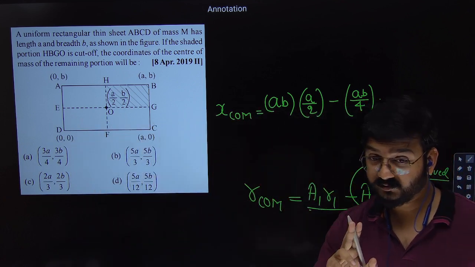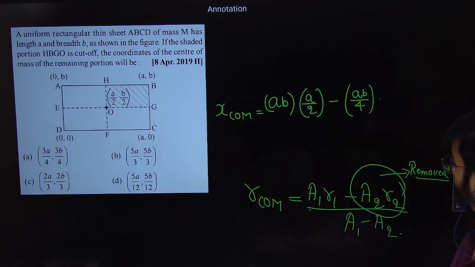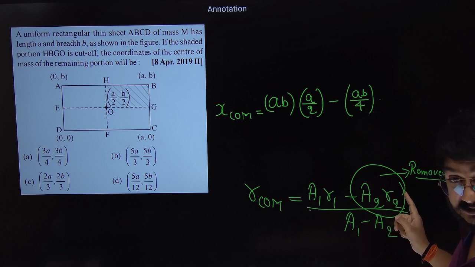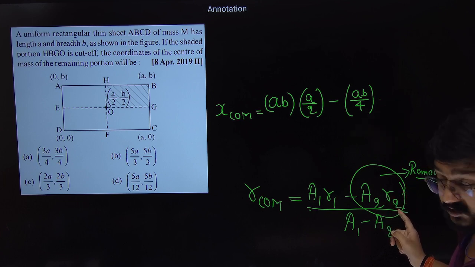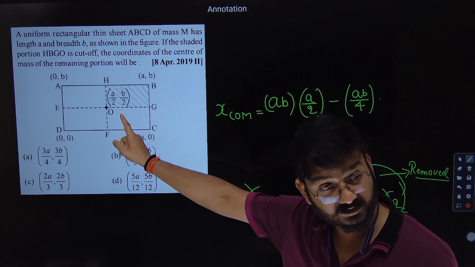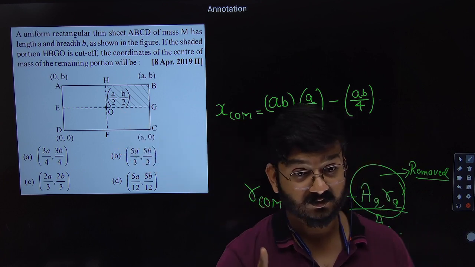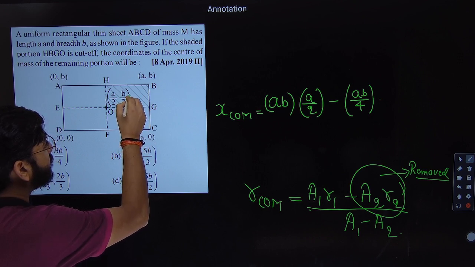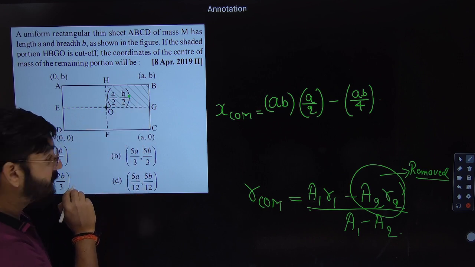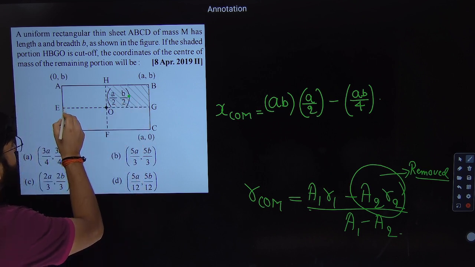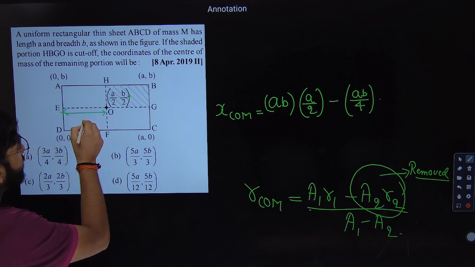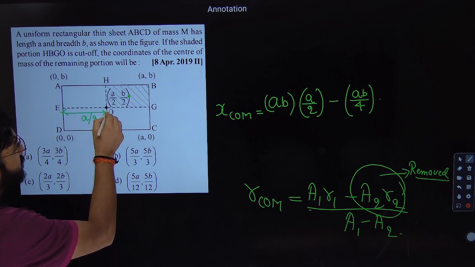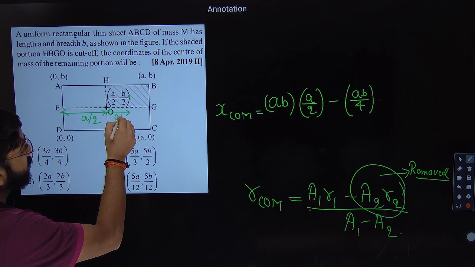Now, the thing where you need to be careful is R2, the center of mass for the part which is removed. So where will be the center? Somewhere here, right? So what will be the X coordinate? This is A by 2 and this will be A by 4.